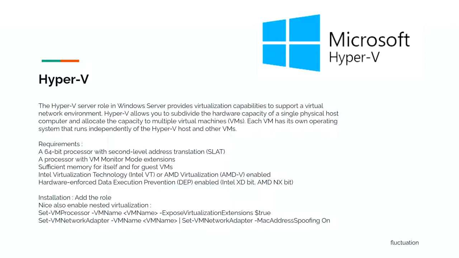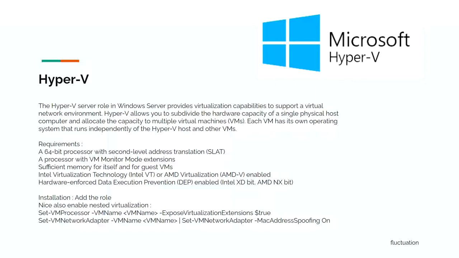When you install the Hyper-V server role, a software layer known as a hypervisor is inserted into the boot process. The hypervisor is responsible for controlling access to the physical hardware. Hardware drivers are installed only in the host operating system, also known as the parent partition.